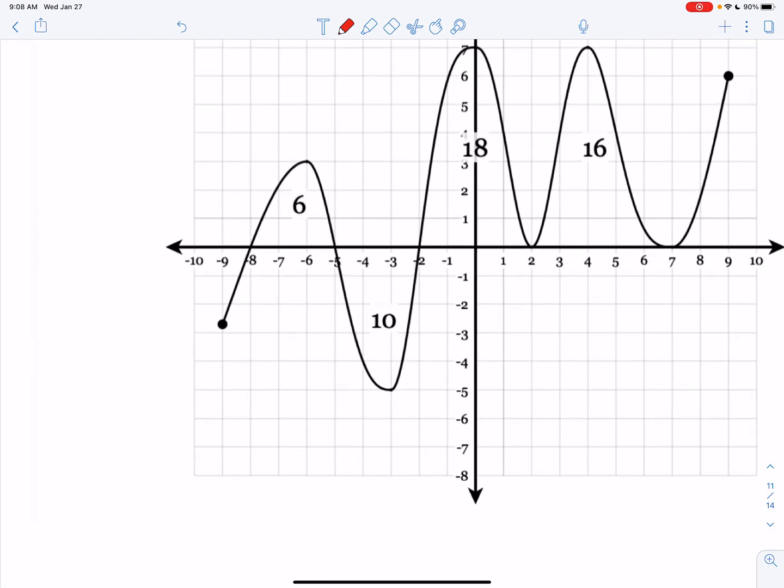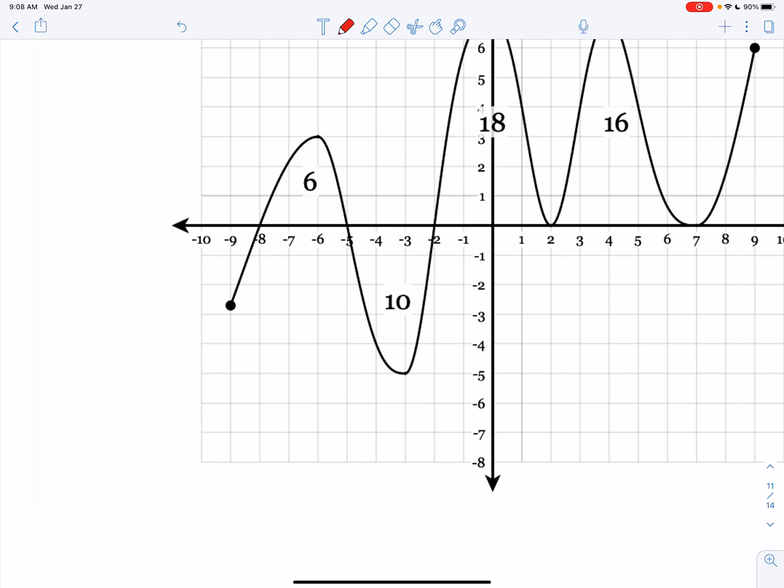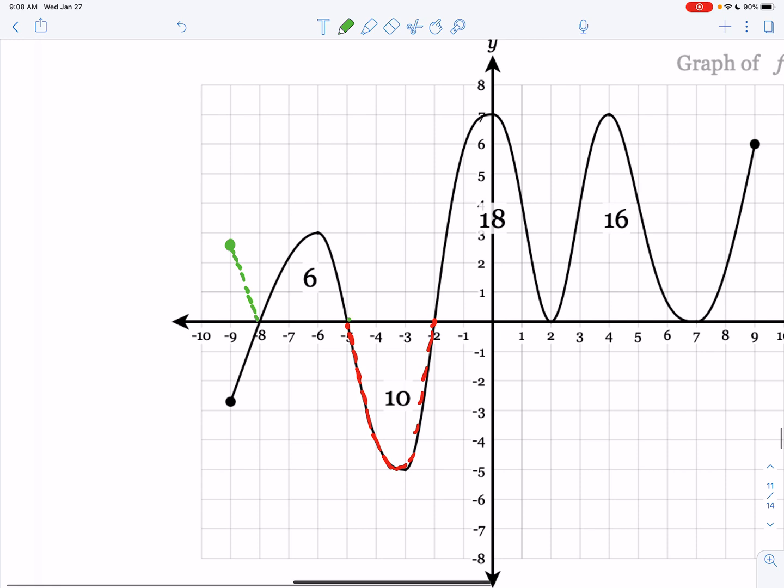Anything that's below the x-axis, for instance, that right there will be reflected into something positive, and this down here will be reflected up here. That's really what's happening graphically.